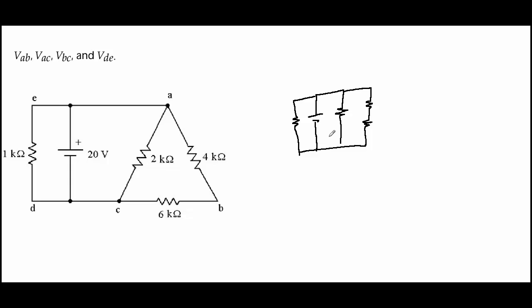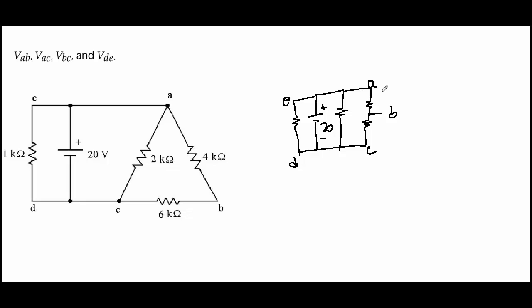That's it. So we still have our node or point A here. B is here. This is C. And here is D. And here is E. And this is the 20 volts source.